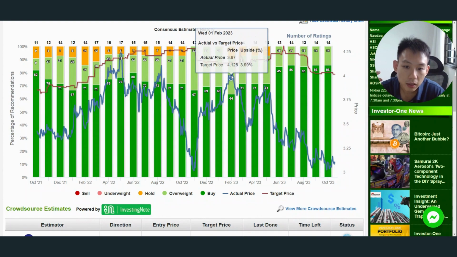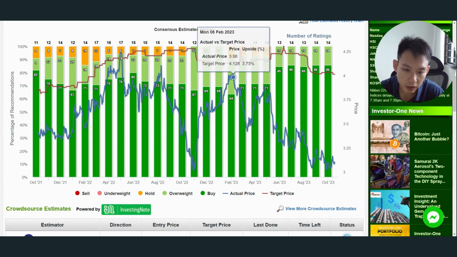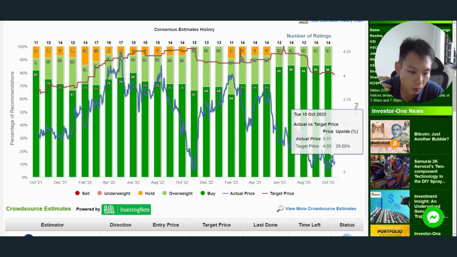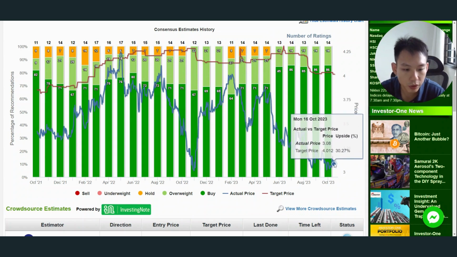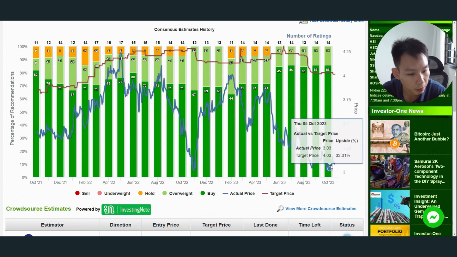And based off 1st of February, there's very little margin of safety, only 3.7% deviation from the actual price versus the target price. But as of now, at the time of doing this video, the difference has widened to like 30 something percent.